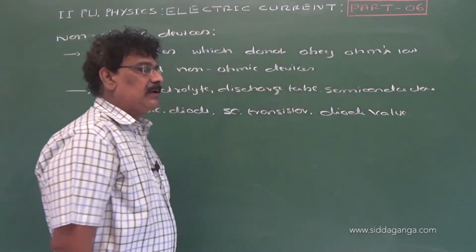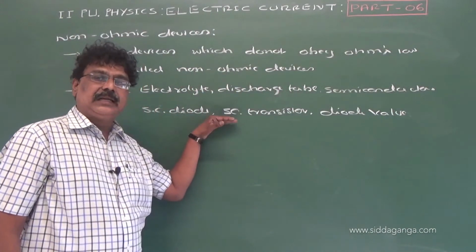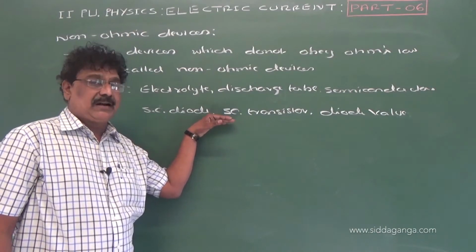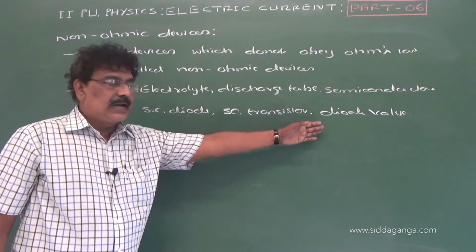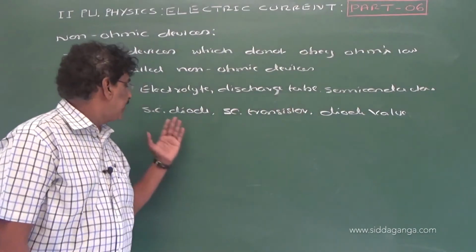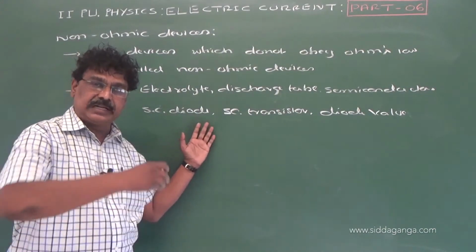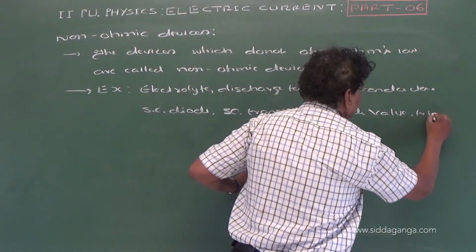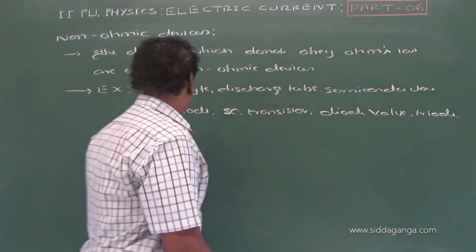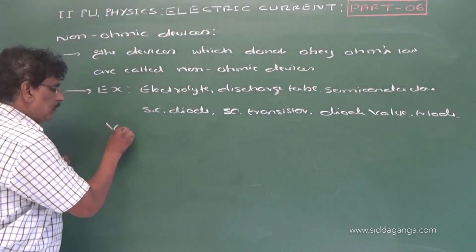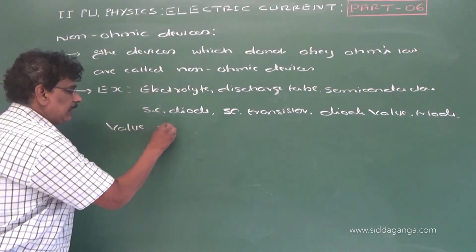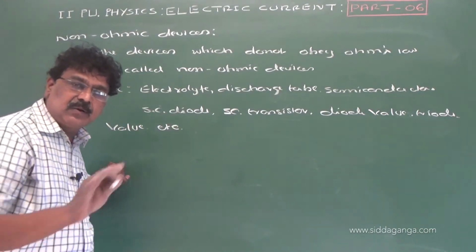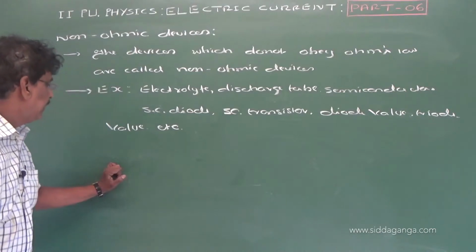Earlier, before the discovery of semiconductor, we were using vacuum tubes where the diode valve is used. Now we are using semiconductor diode, that is PN junction. Now triode valve, etc. are non-ohmic devices. They do not obey Ohm's law, right?